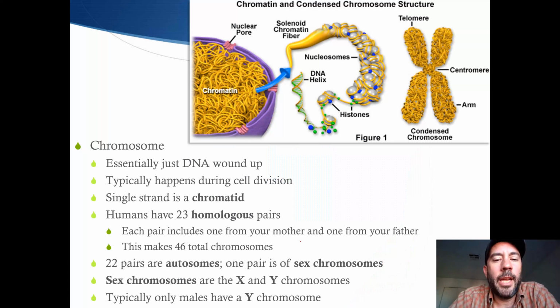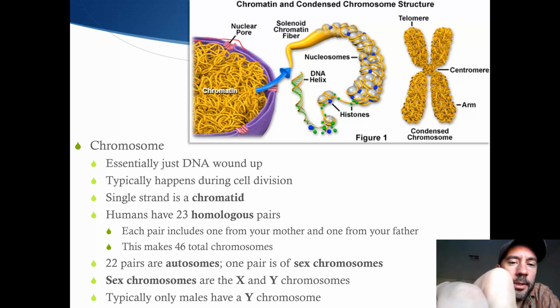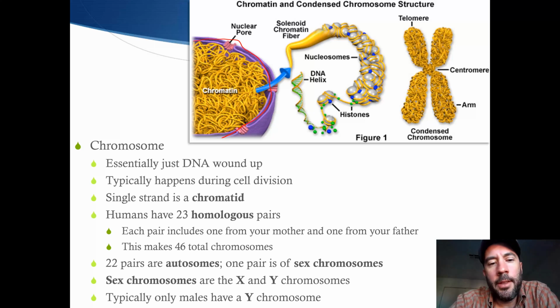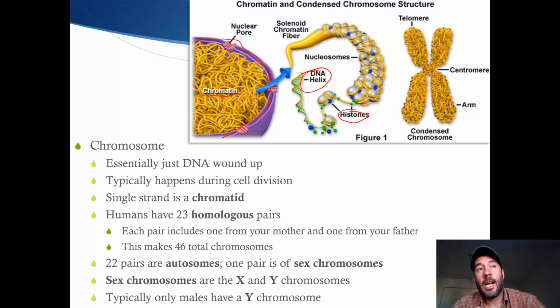Chromosomes. Chromosomes are made up of DNA. First, in the nucleus, so here's the nucleus of the cell, you have these noodles that are made up of chromatin. Chromatin is basically DNA wound around histone proteins. Just think of it as convenient packaging, because there is a lot of DNA in a single cell.